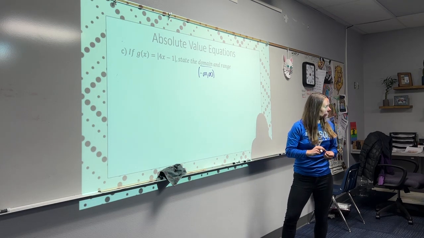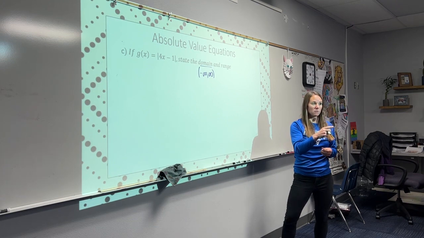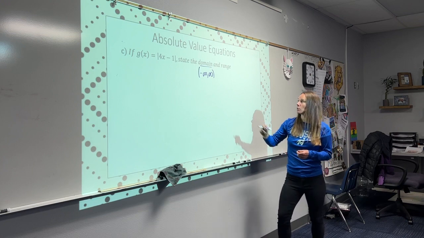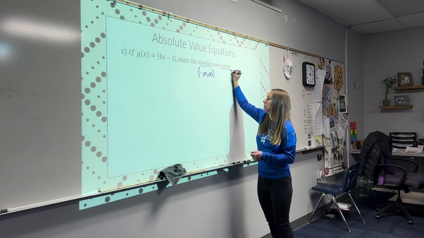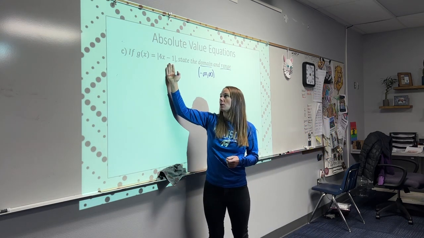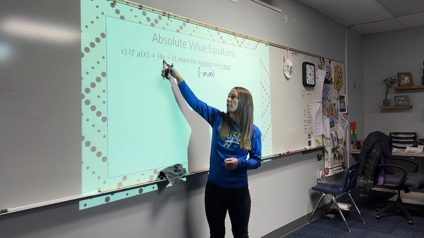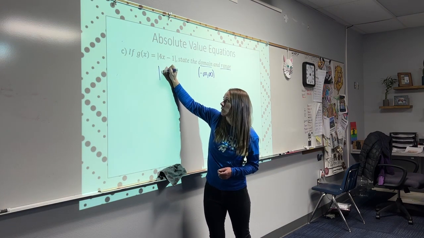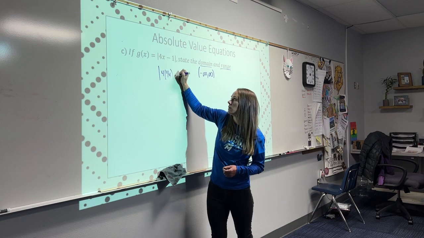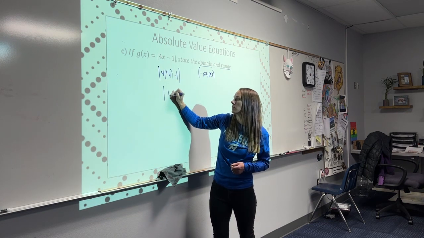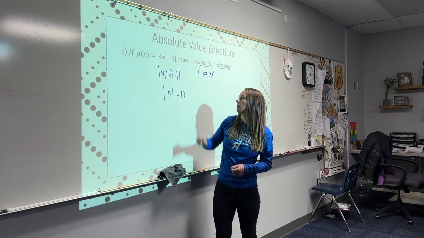My range is all possible what values? They are going to be positive, and they're also going to be bigger than the number 0. So this question is saying for absolute values, what are my outputs? Well, if I plugged in 1/4 here, I'd have 4 times a 4th, which is 1, minus 1. I'd get absolute value of 0, which is 0.